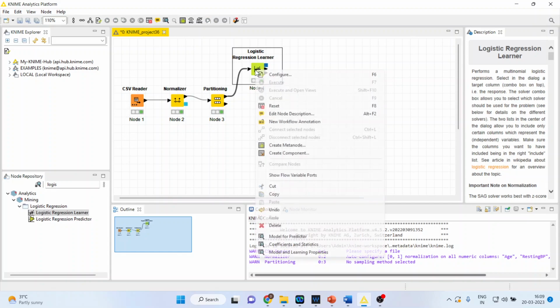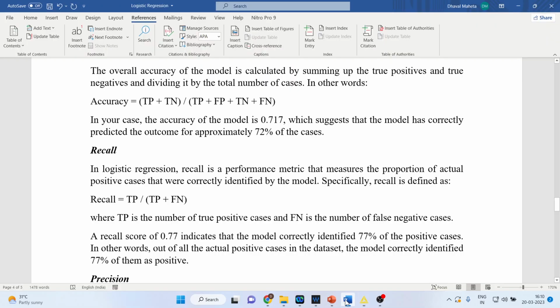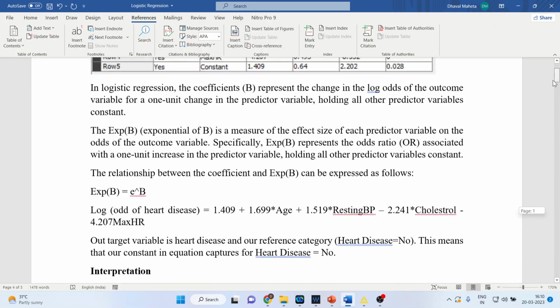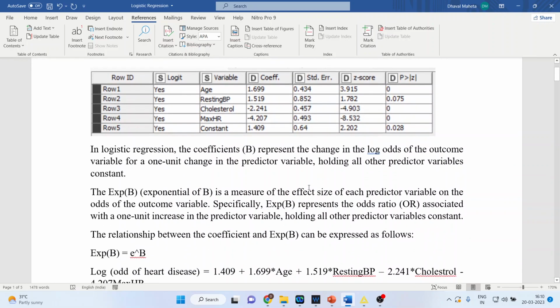Now again right click on it and see the coefficients and statistics. The interpretation of this table also we have seen in the previous video. Let me make you recall that the p-value of all these variables should be less than 0.05, and the equation will be formed on the basis of the coefficients of these variables.